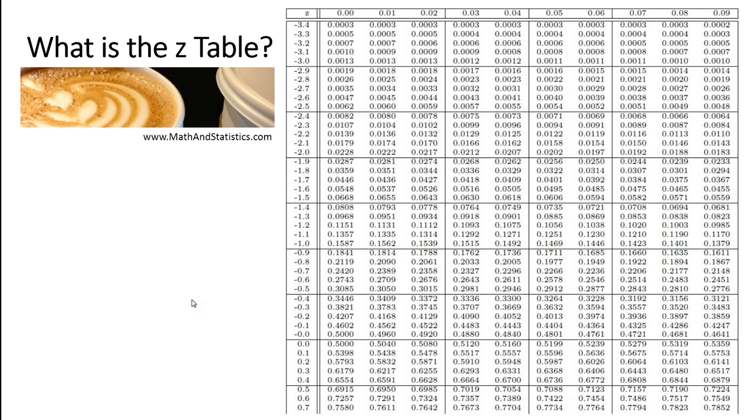This is an image of the z-table, and what the z-table allows you to do is convert or standardize any value in your data set, assuming that your data is normally distributed, to an equivalent z-value. The z-value is, in fact, the number of standard deviations your value is from the mean of your data set.